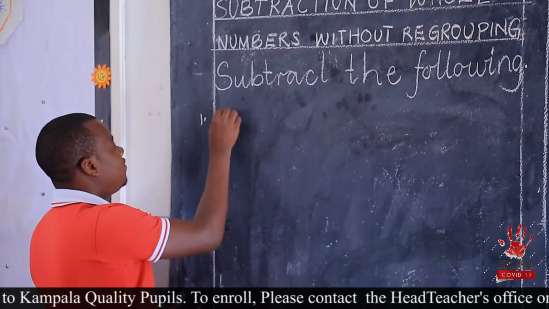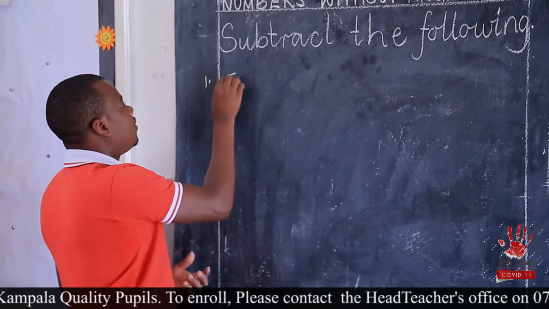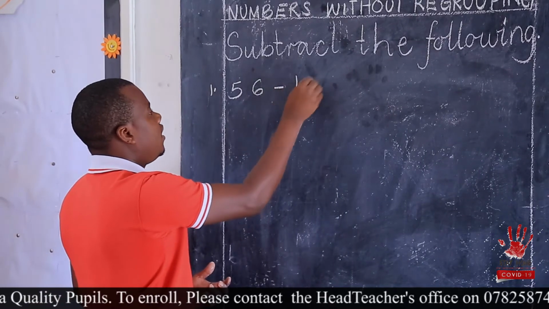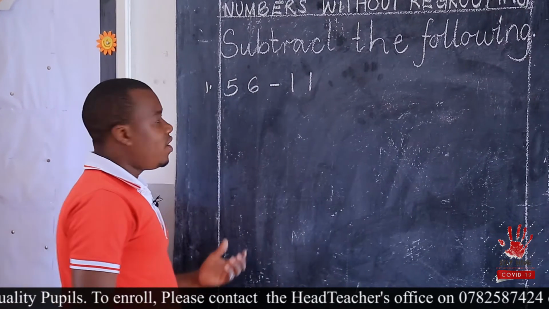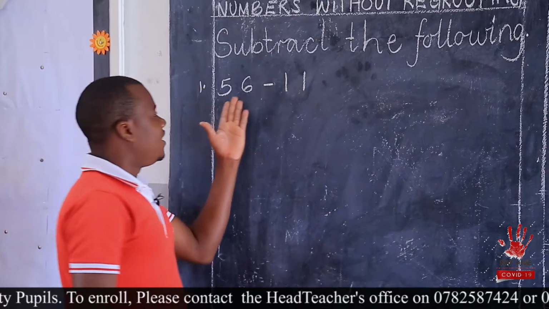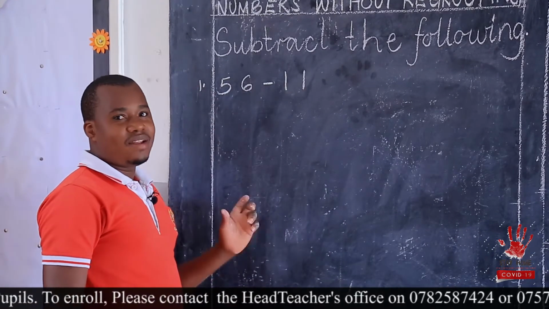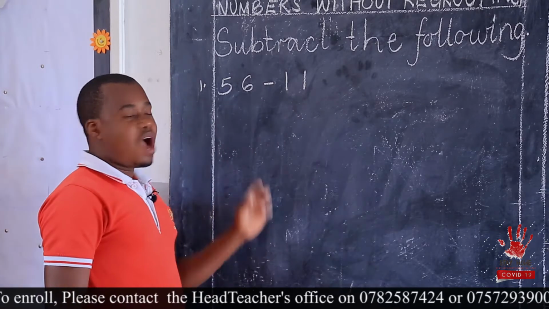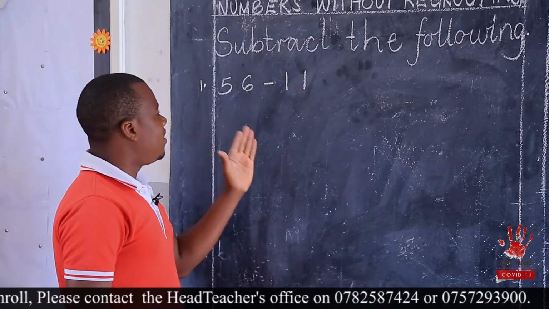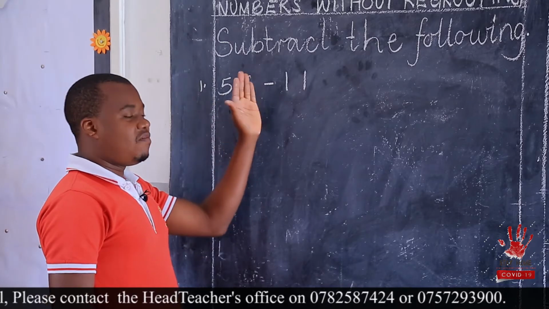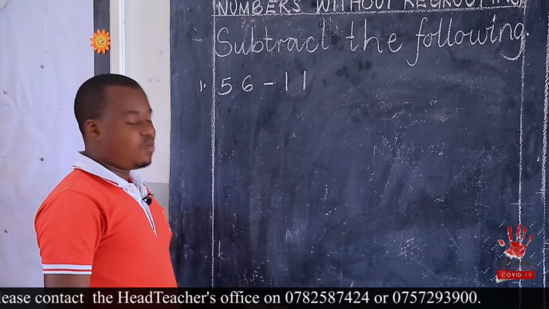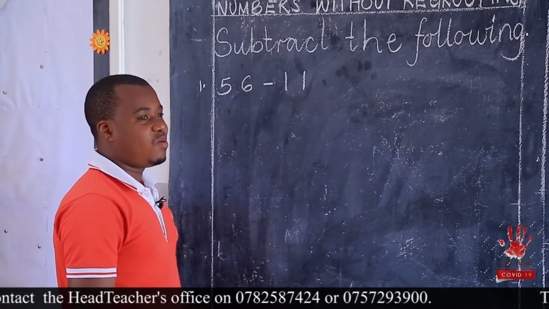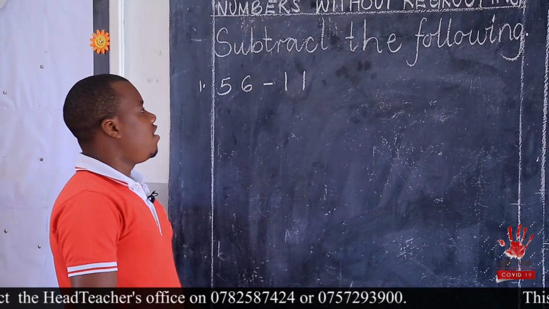I can have 56 take away 11. So when it is arranged in this horizontal form, what is our first step? Our first step is to arrange these numbers in a vertical form such that we carry out our subtraction very well.